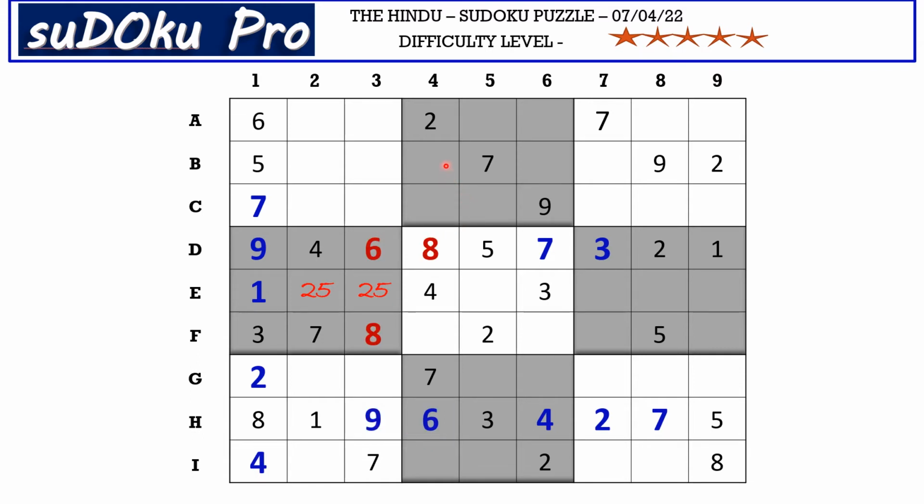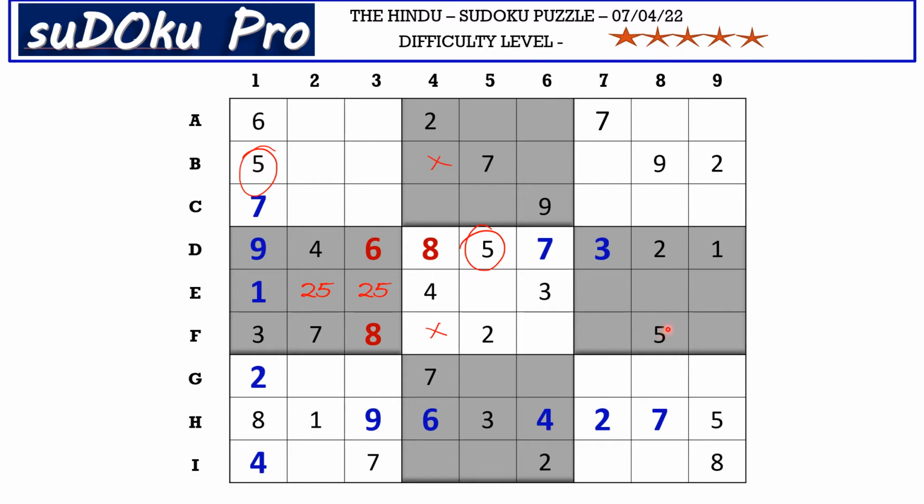Now let's fill column 4 now. There is a 5 here which blocks this cell. There is a 5 here in B row which blocks the cell. So 5 has to go in either C4 or I4. Since we have a lot of 5 around, I went about cross-checking.